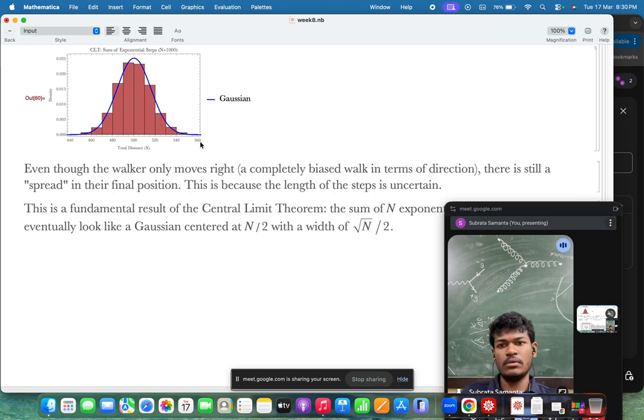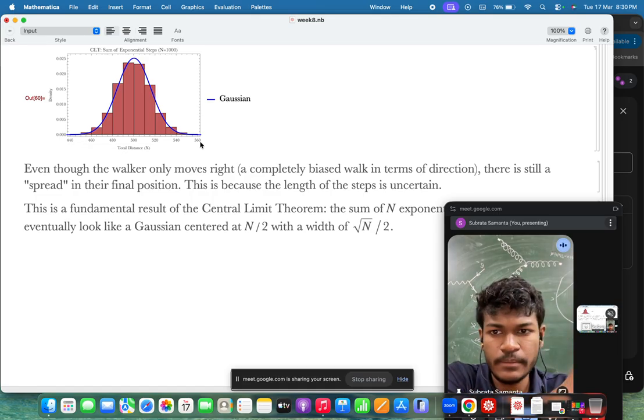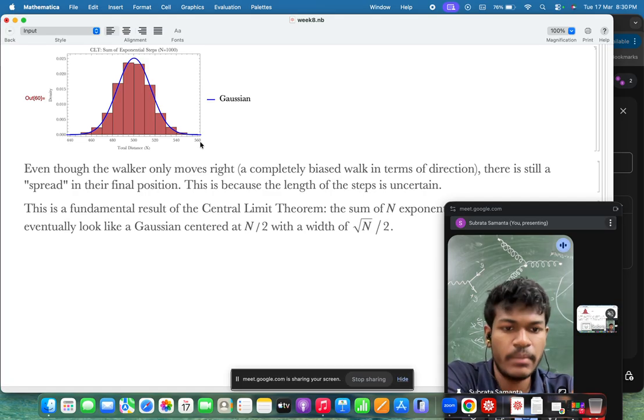Even though the worker only moves to the right, because my distributions are exponentials and the domain is only on the positive x axis, a completely biased movement in one direction, there is still a spread in the final positions, that we already see.